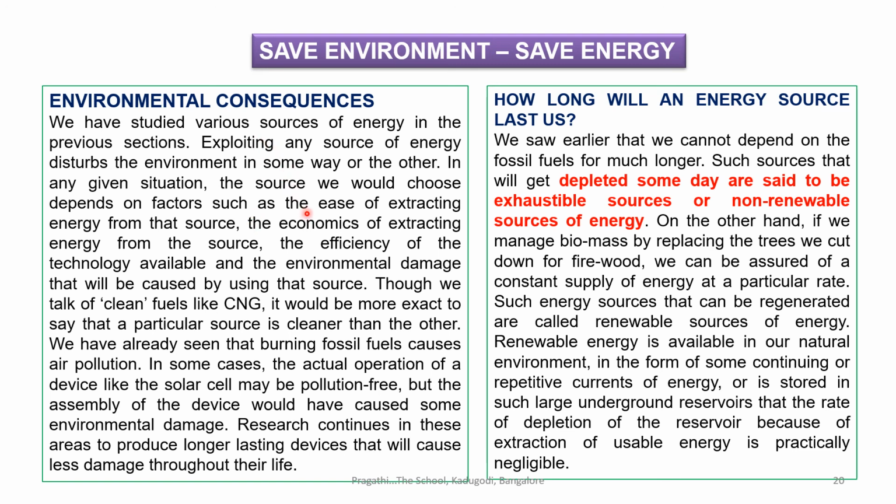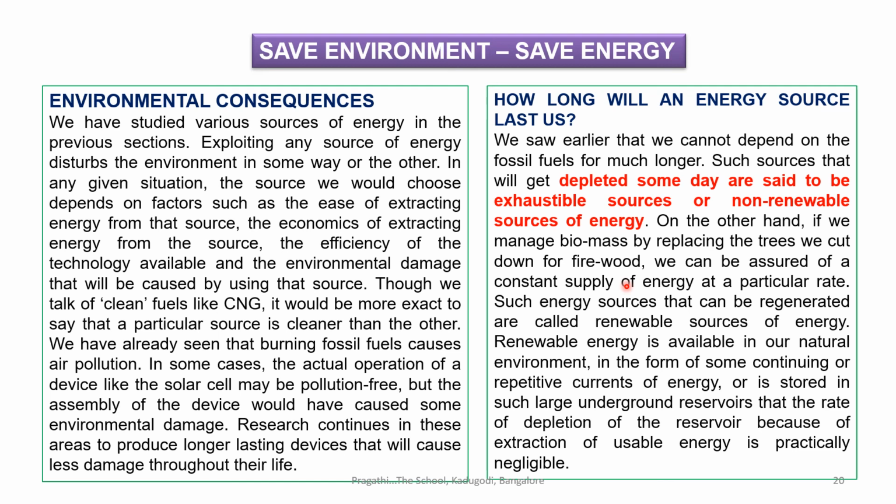And how long will an energy source last us? As we have seen, the coal, the petrol, diesel, turpentine, everything is a petroleum product, and it will become depleted. That means it will become empty in the coming years. Why? Because fossil fuel takes millions of years to form the crude oil. From the crude oil we get the petrol, diesel, everything, isn't it?